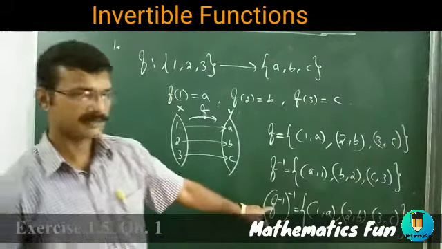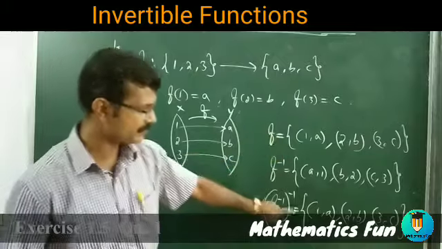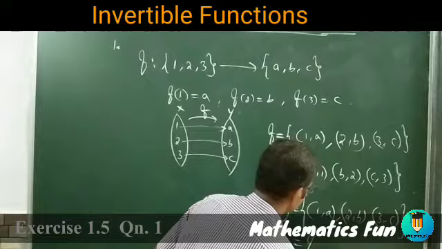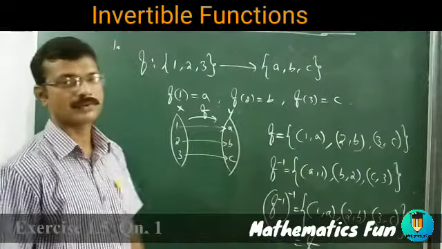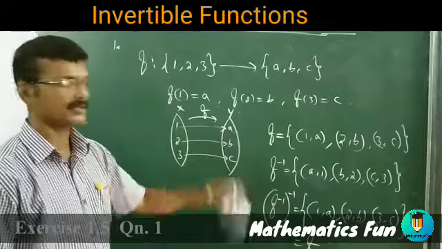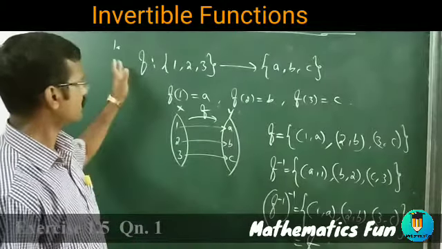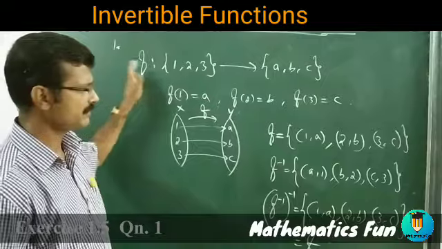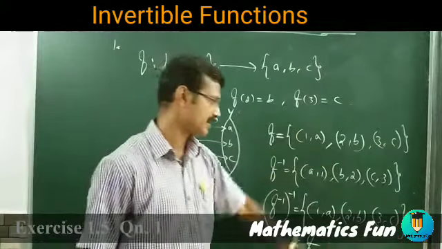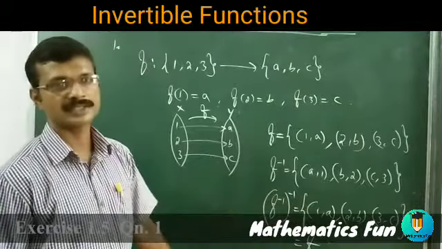Now if you observe this f inverse whole inverse and f, both are the same thing. So we can say f inverse whole inverse is equal to f. That is the third part of the question. So this is question number 1, a very simple question. We did it mainly with the support of the arrow diagram and the elements written in ordered pairs.